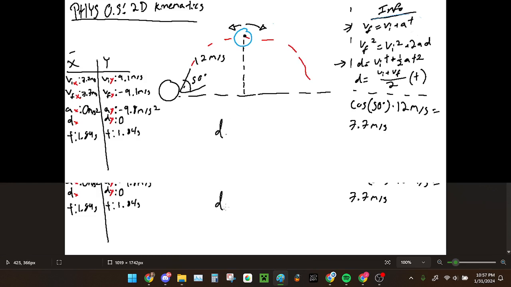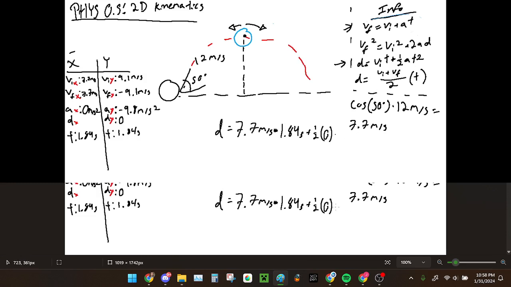Our displacement is equal to our initial velocity, 7.7 meters per second, times time, which is 1.84 seconds, plus 1/2 our acceleration times time squared.